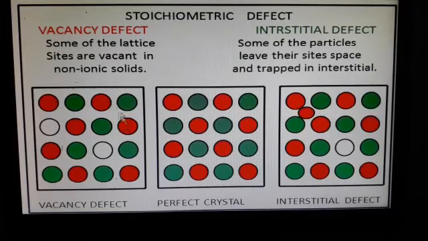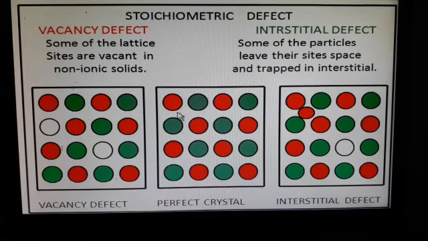Here the total number of red dots is 7 and green dots is 7, so the simplest ratio is 1 by 1. It means stoichiometry is maintained. This is vacancy defect, because the lattice sites are vacant and the atoms or molecules have left this crystal and gone outside.